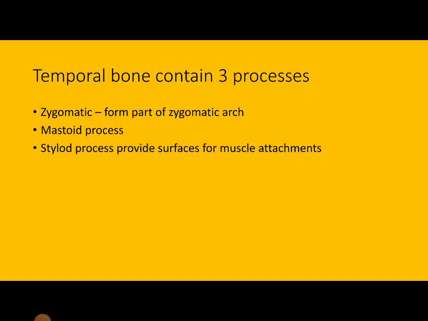Then the temporal bone. The temporal bone contains three processes: the zygomatic process that forms part of the zygomatic arch, then the mastoid process and the styloid process. These processes provide surfaces for muscle attachment.